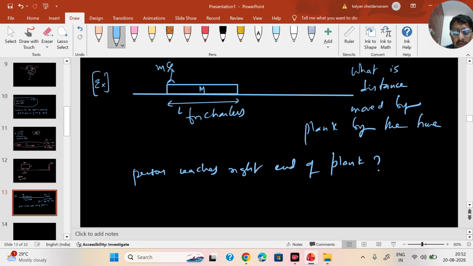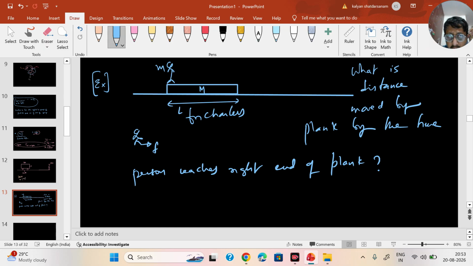Why should the plank move? Look, the person is going this side. How is he going? In order to go to the right, there must be a force on his leg to the right, and that force is the frictional force. So how do you walk? One leg is on the ground and the other leg and the body are trying to go forward. How are they trying to go forward?